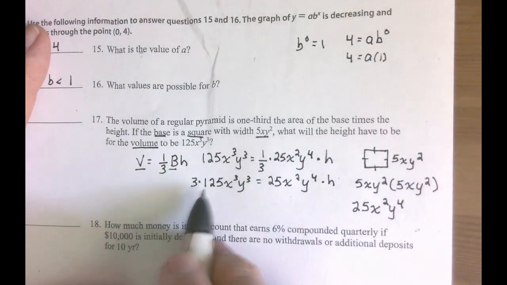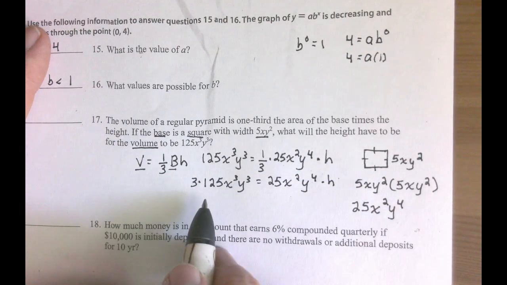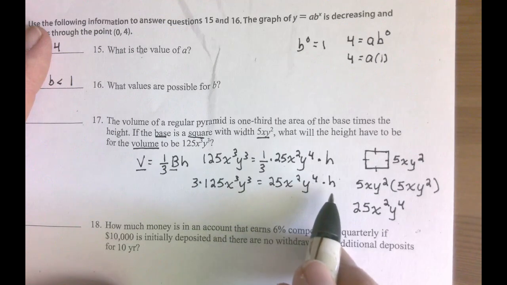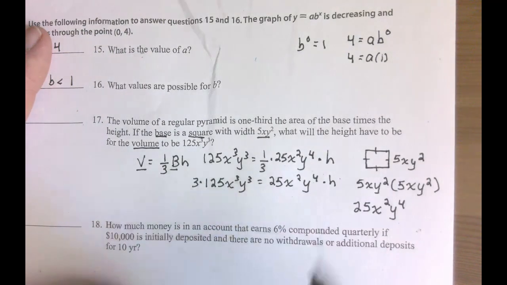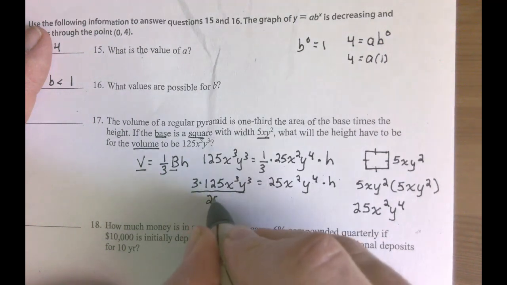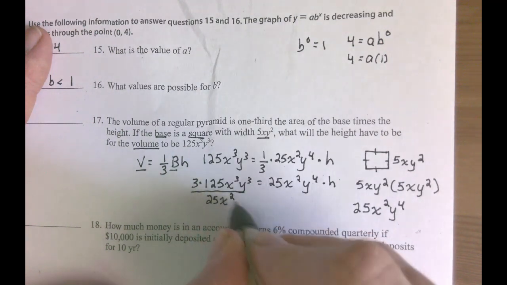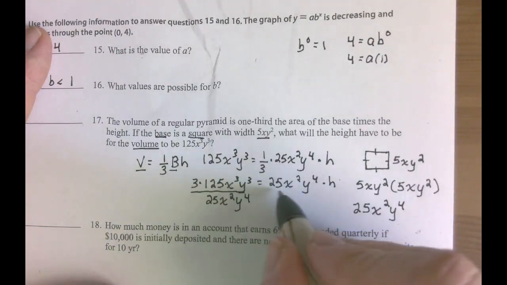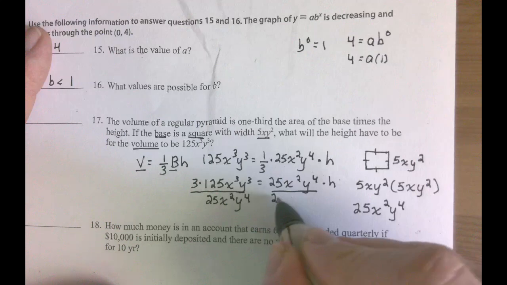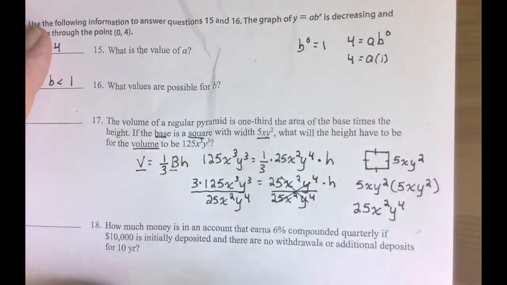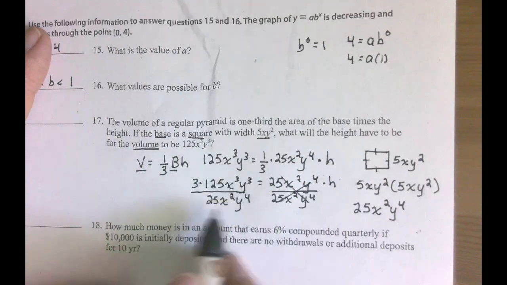I'm not going to multiply that out, even though it wouldn't be too bad, because we can do some simplifying now. To solve for h, all I have to do is divide both sides by 25x squared y to the 4th. If I do that, these are going to undo each other right here, and now I've got h equals this mess right here.